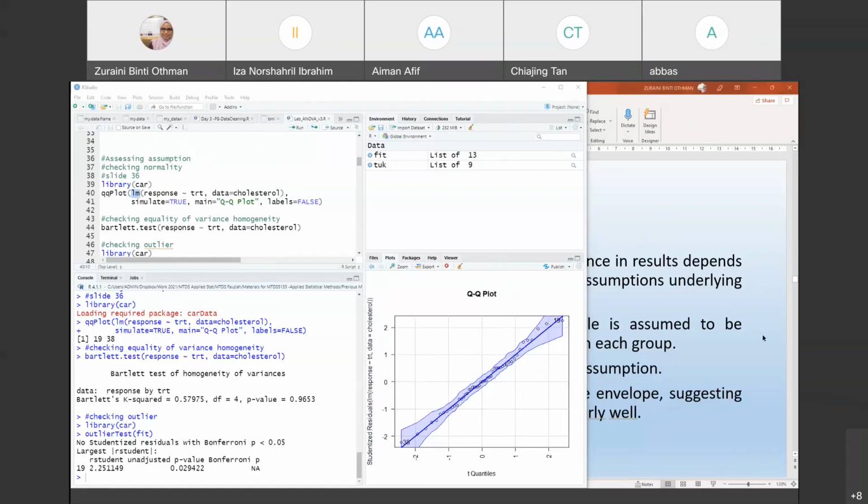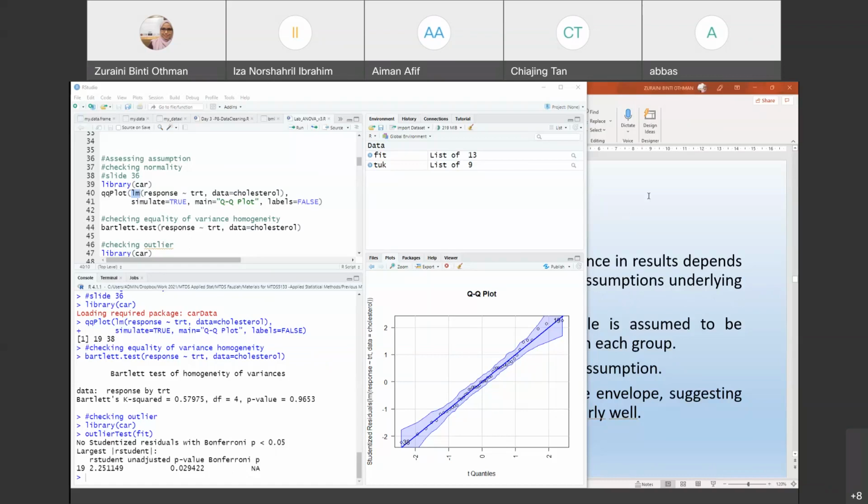The data fall within the 95% confidence envelope, suggesting that the normality assumption has been met fairly well, because we can see the data is around this line of the linear model. So we can suggest that the normality assumption has been met fairly well. Then this is for the test of normality.